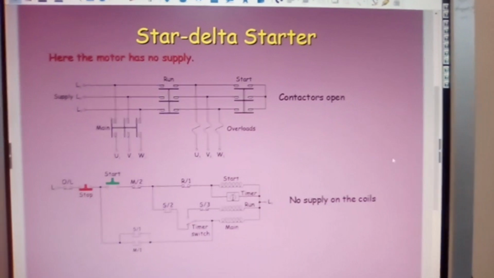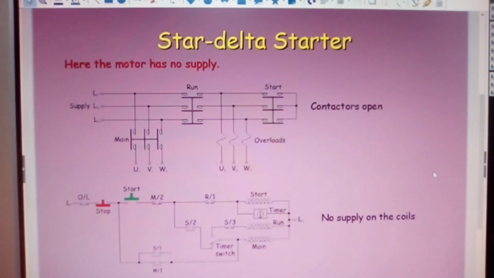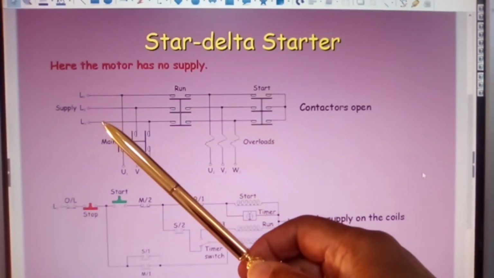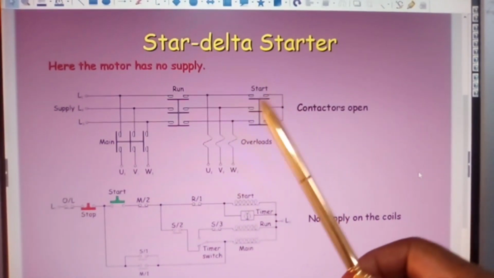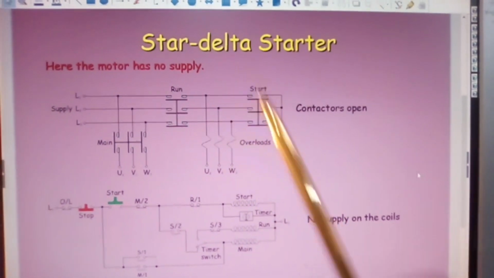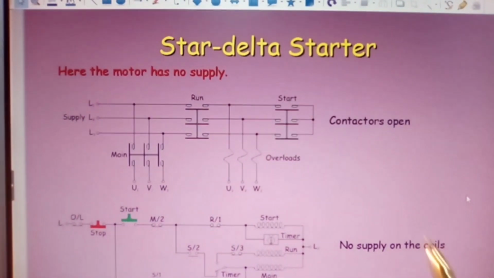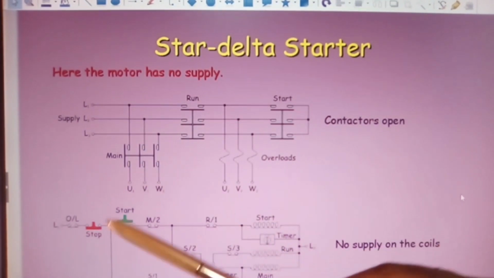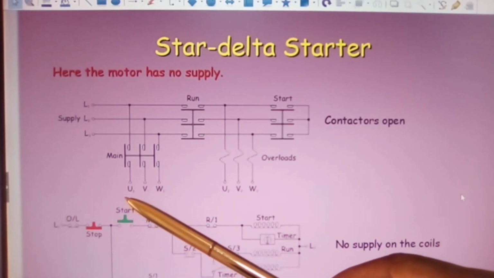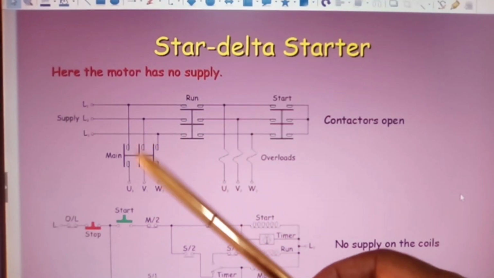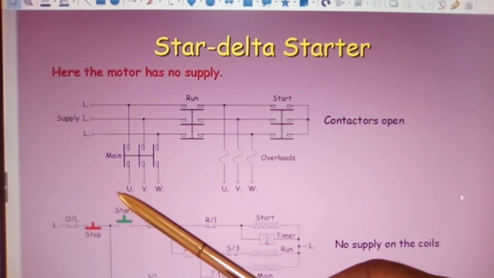And here we have a star delta starter, showing you how it works. Here the motor has no supply at this point in time, and all we're showing you is the connections that make the supply to the motor.